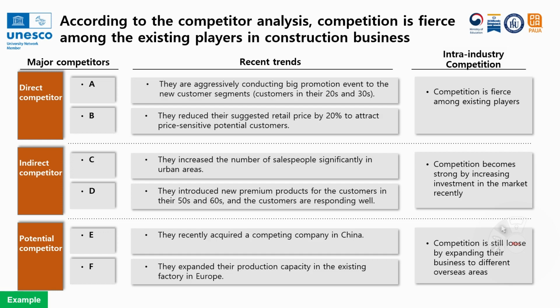We also have to take this into consideration in building our marketing strategies. If our core customers are in their 50s and 60s, the movement of company D could be a big threat to us.